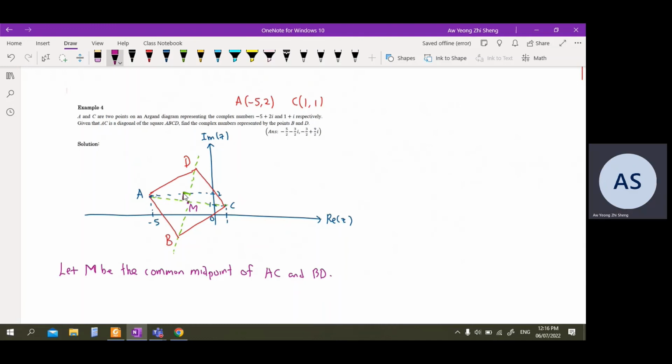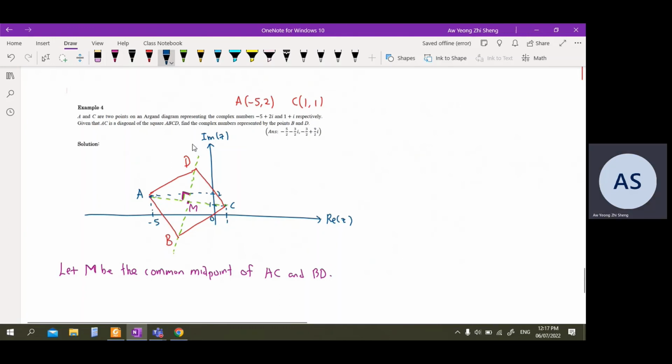Okay. Then I would also want to make use of this 90 degrees there, because knowing the coordinates of A and C allows me to form the vector AC easily. And from the vector AC, I can easily get AM and MC, because AM is half of AC, MC is also half of AC. Okay.